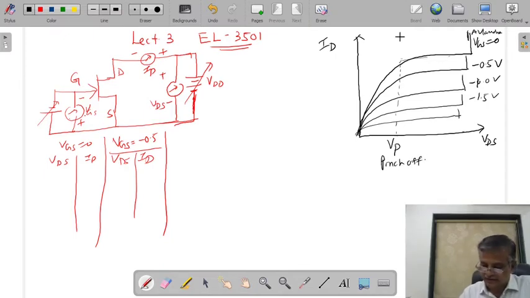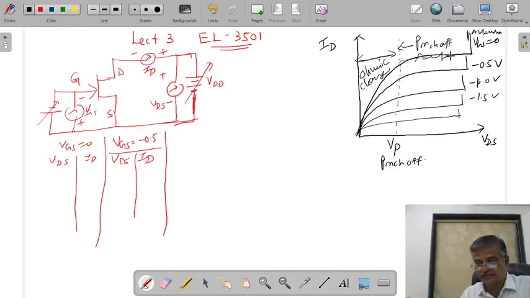Here we have written this is your ohmic channel region. This is your pinch off region. Now, this is known as output characteristics.